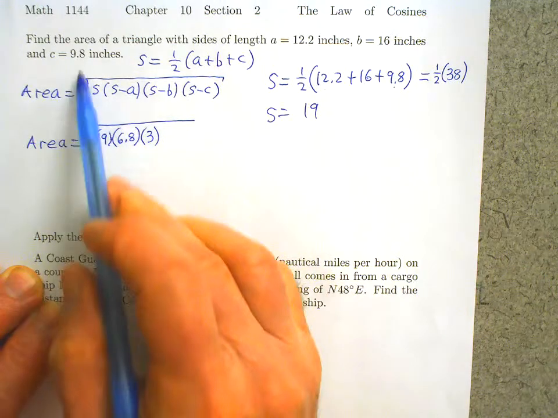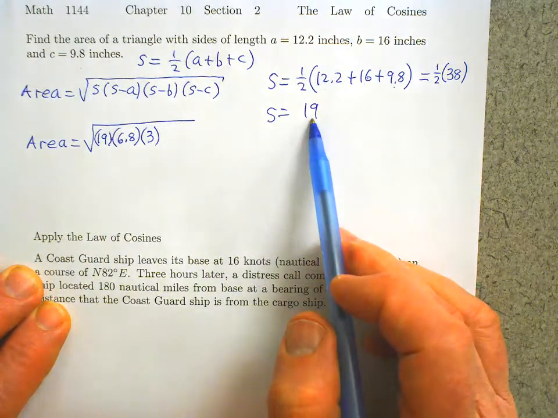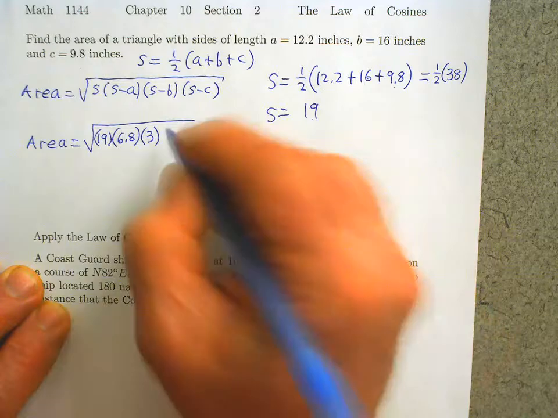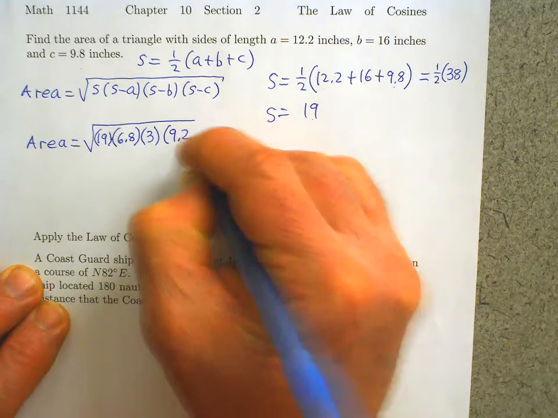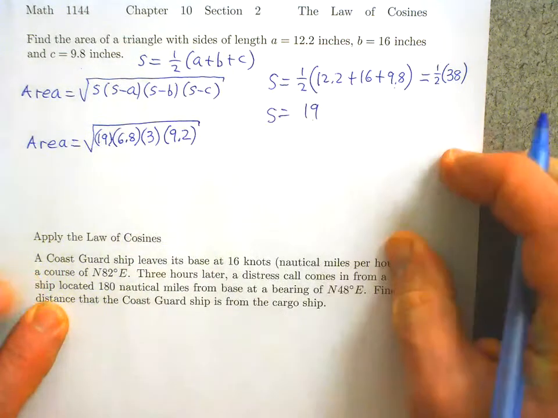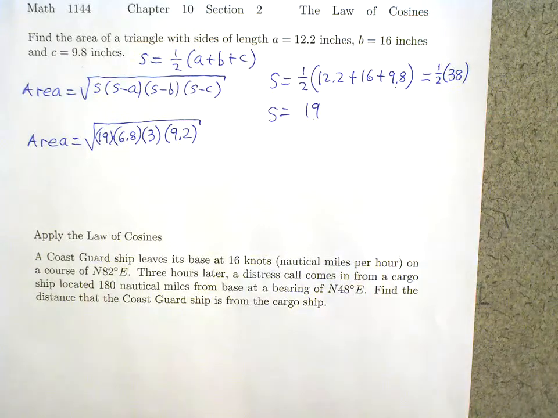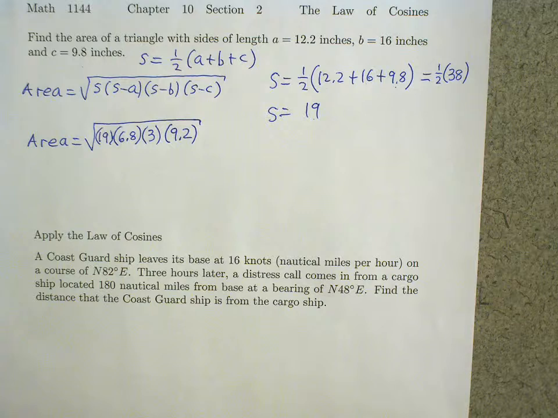And C is 9.8. 19 minus 9.8 is 9.2. Okay, so that's a good enough answer for this one. Useful if you ever had to find areas of triangles where the three sides are known. You could easily program that in an Excel program or something else.